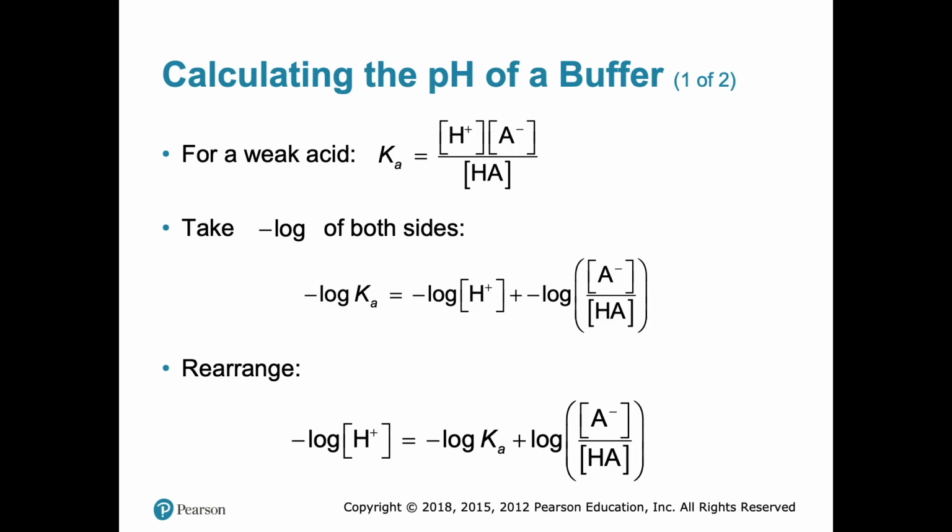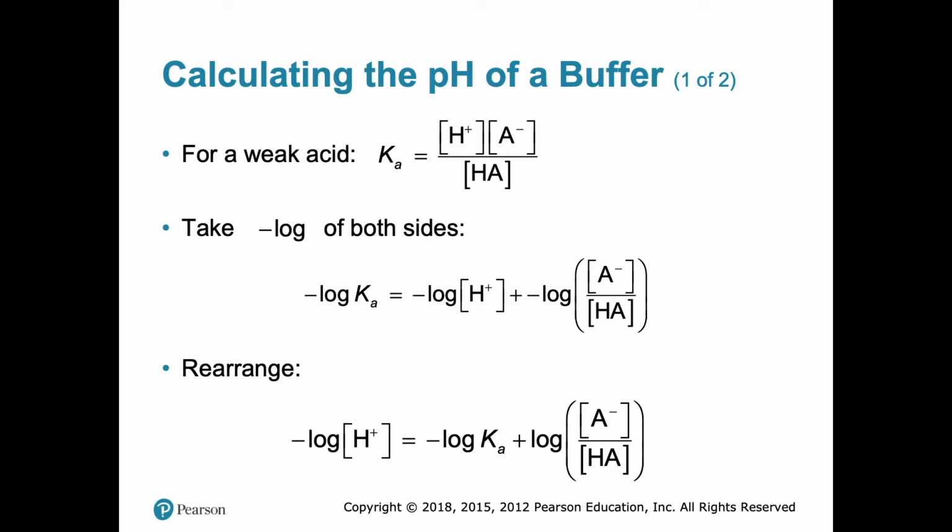There we go. So if the negative log of the hydronium ion concentration, or proton concentration, is the pH, what does the P in pH mean? We already know that the H in pH means what? Proton. So what does the P part mean? Yes, exactly.